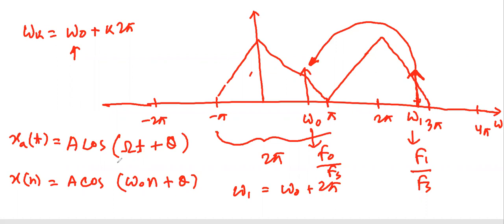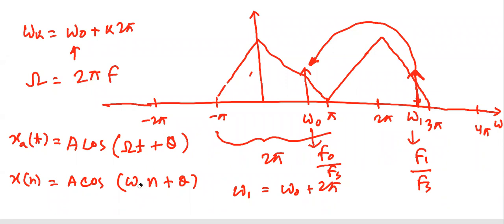If I elaborate the value of capital omega, what is capital omega? Capital omega is twice pi capital F, and then we are putting the value of t.